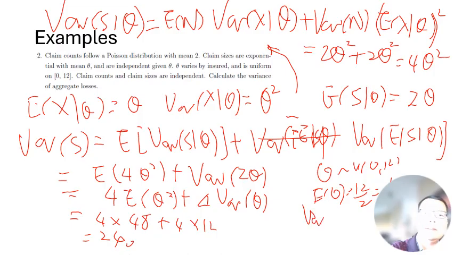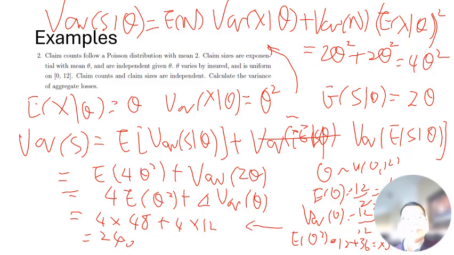And VAR theta is 12 square divided by 12 equals 12. Now E theta square is equal 12 plus 36 equal 48. This is how we get to here. So first we use the formula and express everything as theta. Then based on the distribution of theta, we can further calculate the variance of S. This is how this problem is solved.